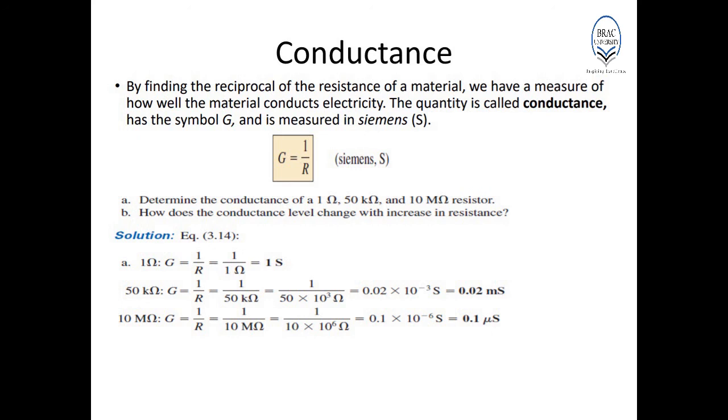So, as I have mentioned that G equals 1 by R, therefore, when R equals 1 ohm, G will be 1 S. When R equals 50 kilo ohm, G will be 0.02 times 10 to the power minus 3 S. When R is 10 mega ohm, G will be 0.1 times 10 to the power minus 6 S. So, by looking at the answers, we can say that as the resistance increases, the conductance of the material decreases.